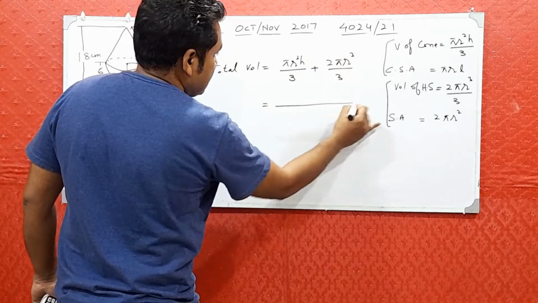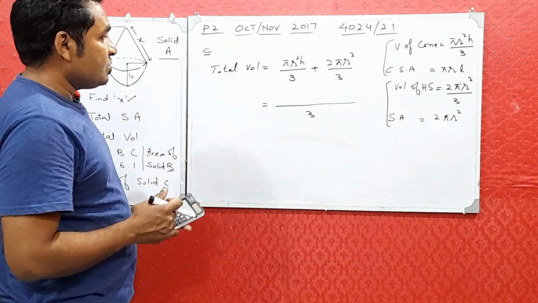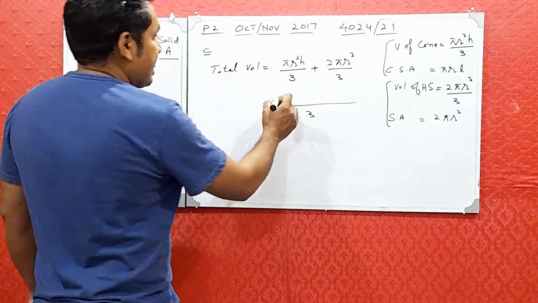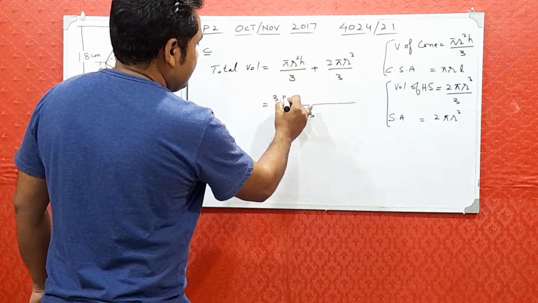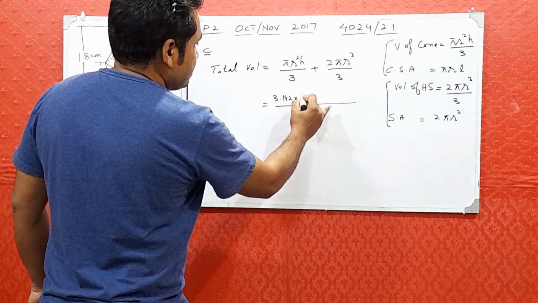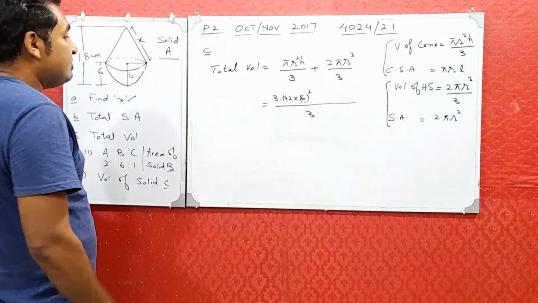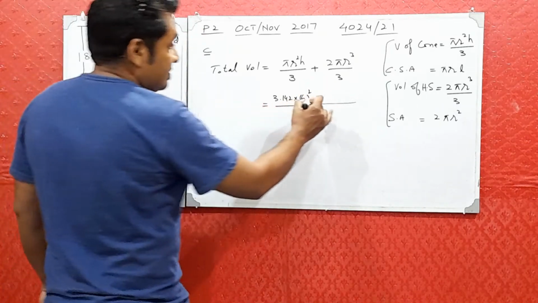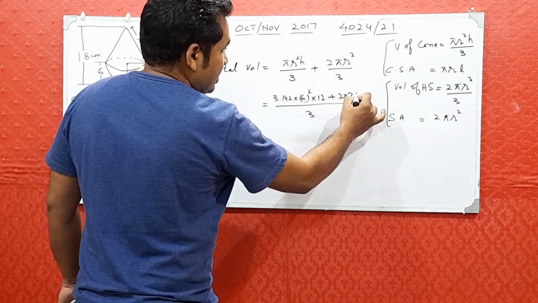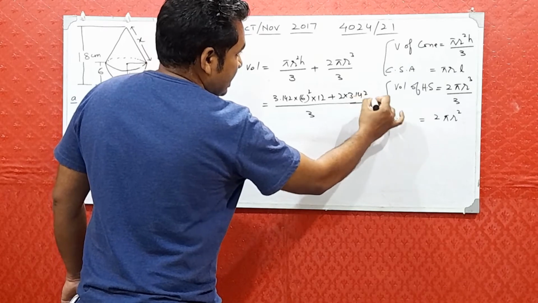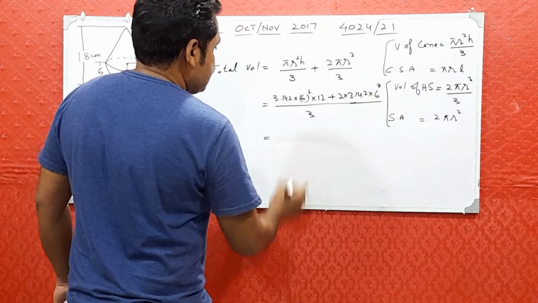So now just take the LCM, that is 3. Just substitute all the values and find the answer: 3.142 times 6 squared times the height of the cone, which is 12, plus 2 times 3.142 times 6 cubed. Now simplify all these values.